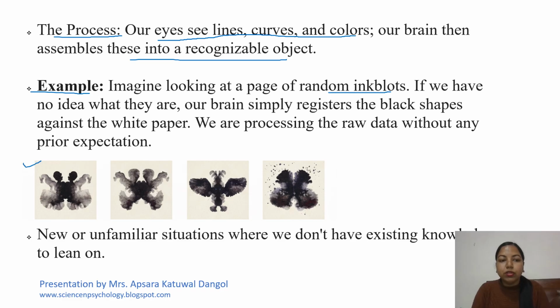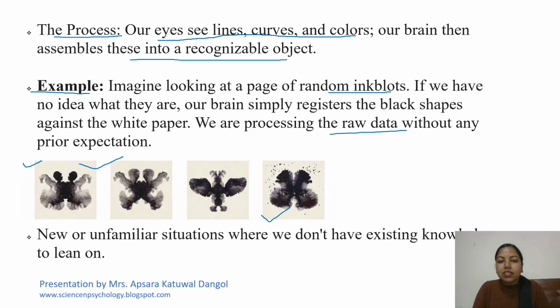You can see, if we go over here, different shapes may come. If we have no idea what they are, our brain simply registers the black shape against the white paper, right? So we are processing the raw data because we don't know what that is. Something is there, but we don't know about it because we have not seen it before. But if we look nicely, we may feel like some things are there.